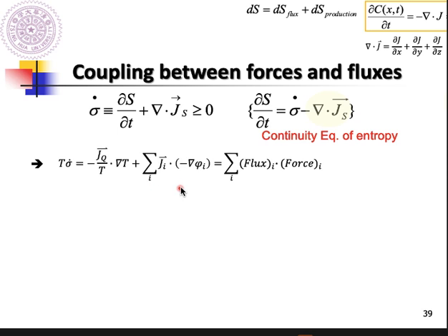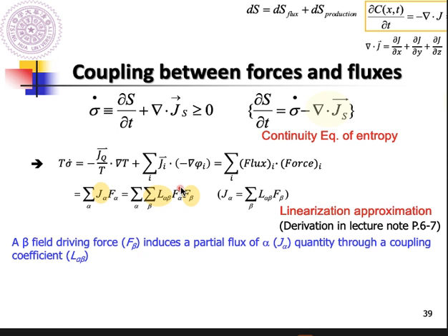The equation is something like this. You can find the detailed derivation in the lecture notes, pages 6 to 7, and we will put more effort into explaining the results and how to use them in the following slides.